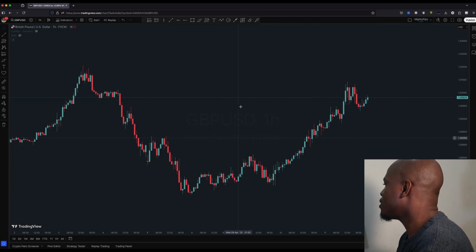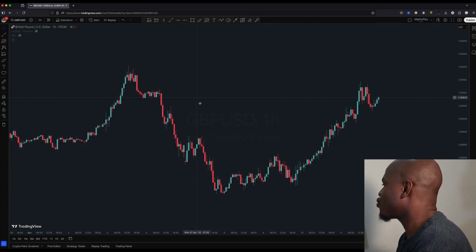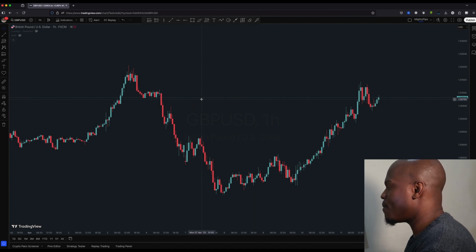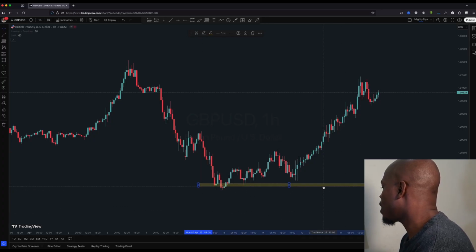But here on the chart, this is a technical price chart. So most of the beginners like to trade support and resistance. Support is just the floor of the market where the price did not exceed. For example, this place here is an area where the market stopped before going up.